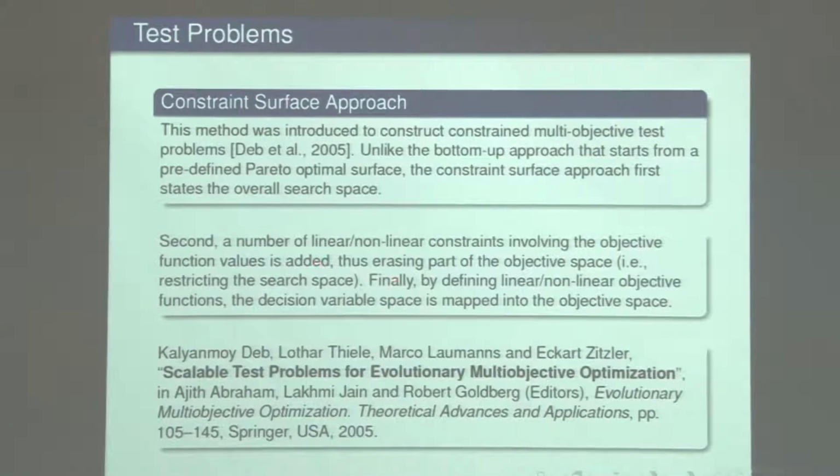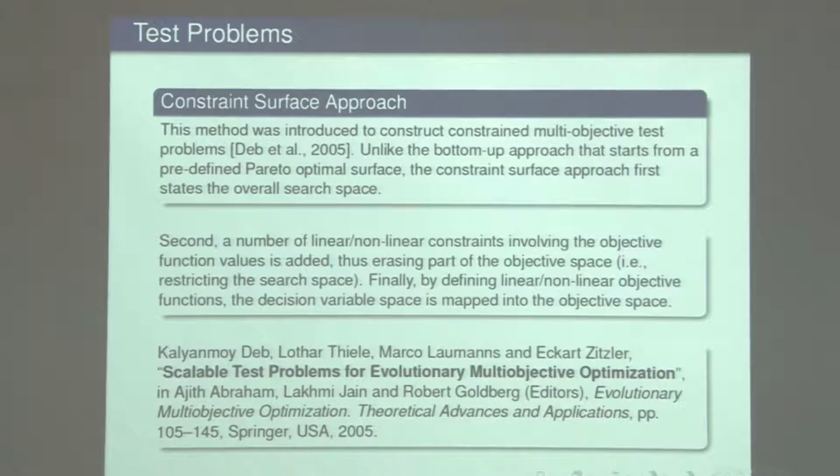Then a number of linear, nonlinear constraints that involve the objective functions are added, and these constraints, of course, remove a portion of objective space, and other linear, nonlinear objective functions are defined, and you do the mapping.